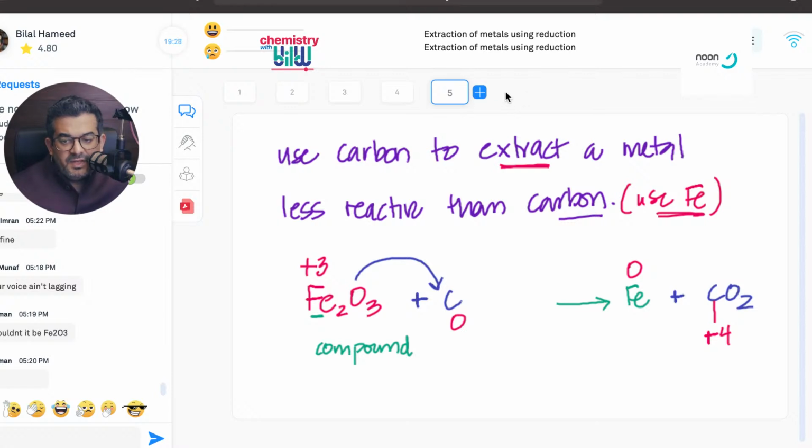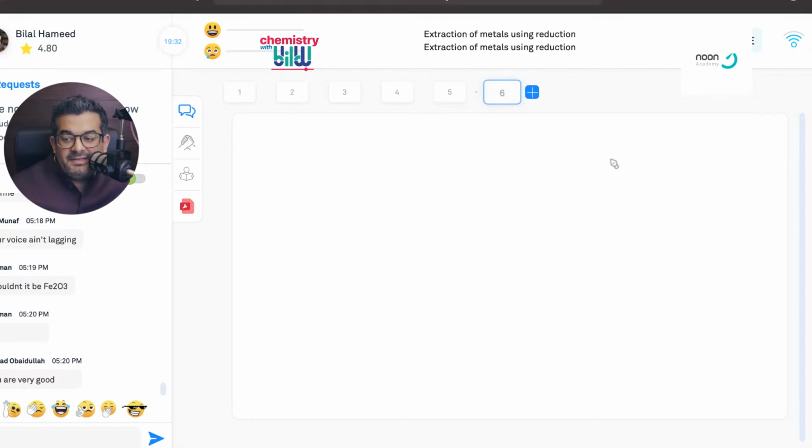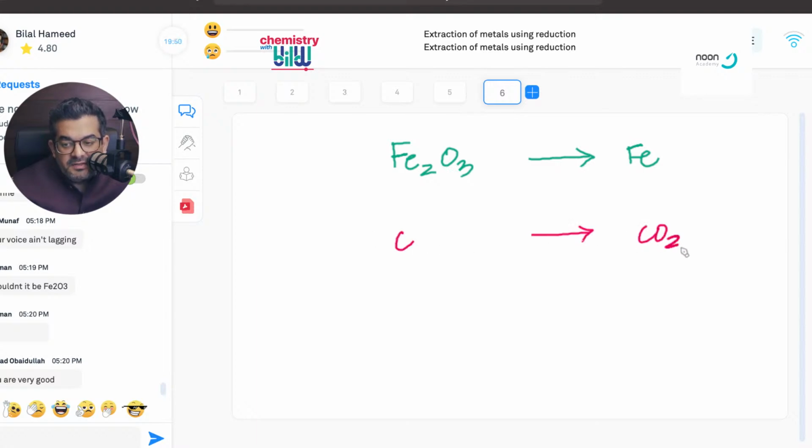My point to show you was this. Let me write the full equation. We started with the aim to take Fe2O3 and convert it to iron. In this process, carbon gets converted to carbon dioxide. We will balance it later, in a minute.